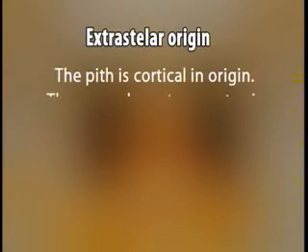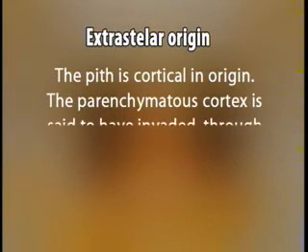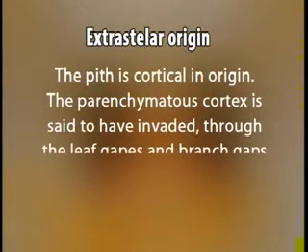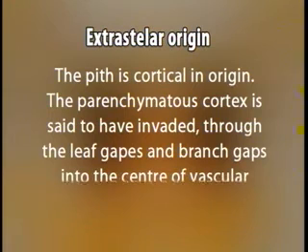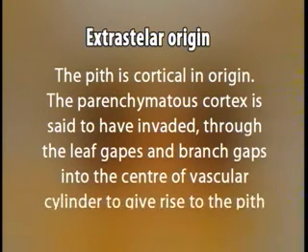According to the extrastelar origin of pith, or invasion theory, the pith is cortical in origin. The parenchymatous cortex is said to have invaded through the leaf gaps and branch gaps into the center of the vascular cylinder to give rise to the pith.